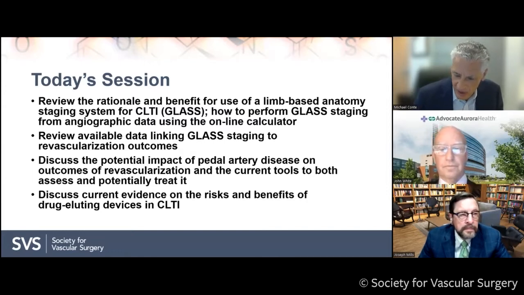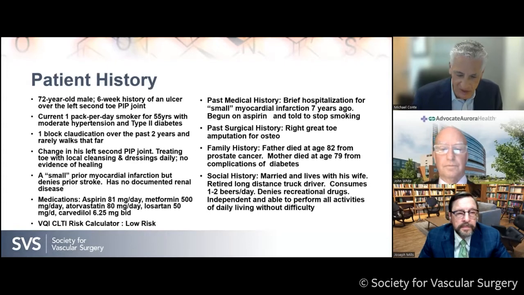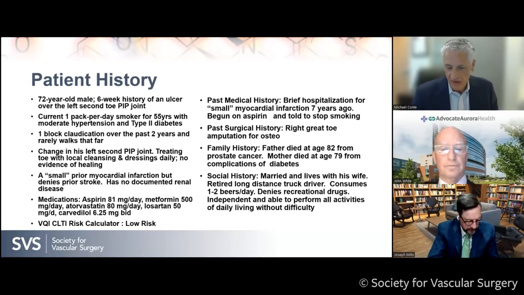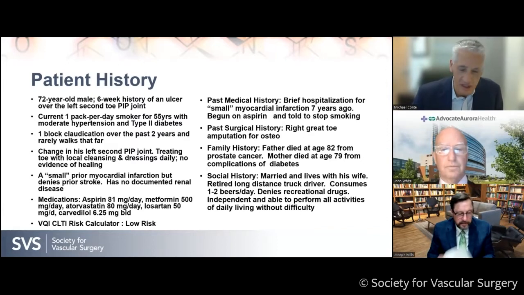And today we'll review and extend the patient's case history. So our case history is a 72-year-old man who initially presented with a 6-week history of developing an ulcer on the second toe. He is a current 1 pack per day smoker with hypertension, recently diagnosed type 2 diabetes, and has really had rare medical care over the last 10 years.